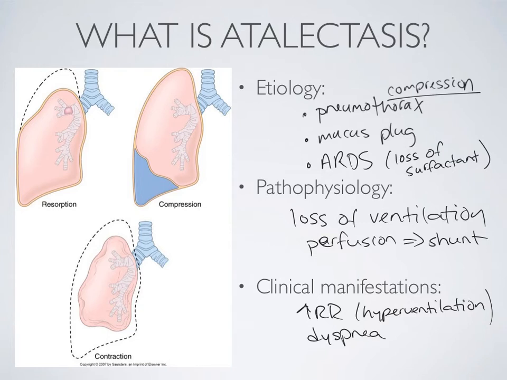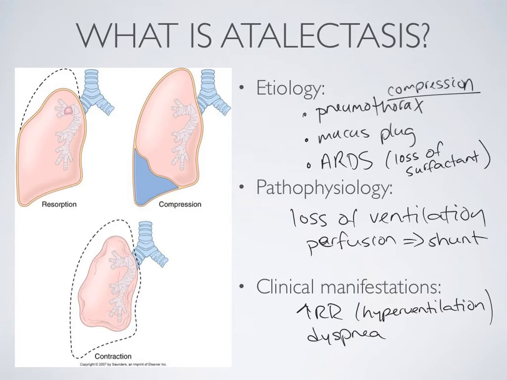Okay, so the last thing, what happens with increased respiratory rate? You're increasing your respiratory rate to try to get more oxygen in the blood. And as you do that, you actually end up not being able to get rid of all of your carbon dioxide, right?